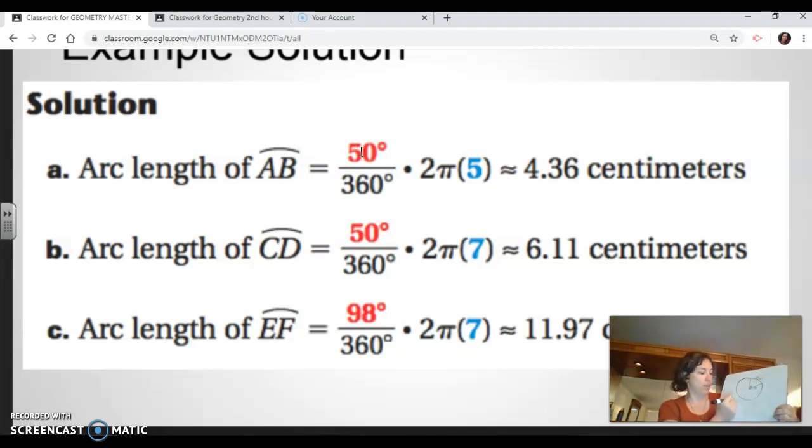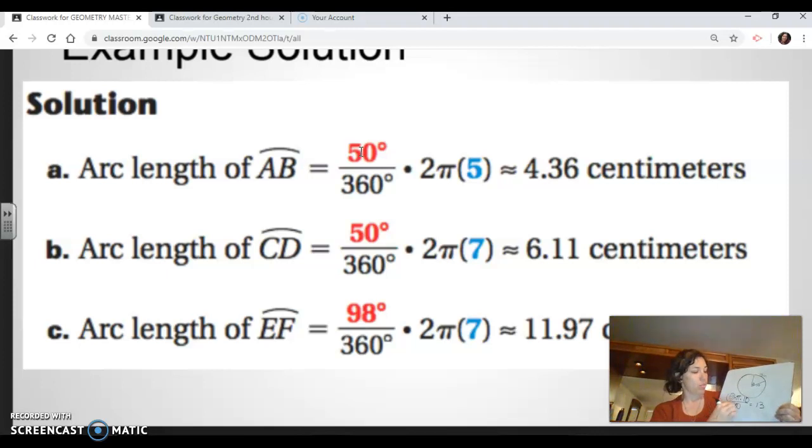So you would put theta, the angle, instead of the 50, times pi times 10, and then divide that by 180, and that equals 13.